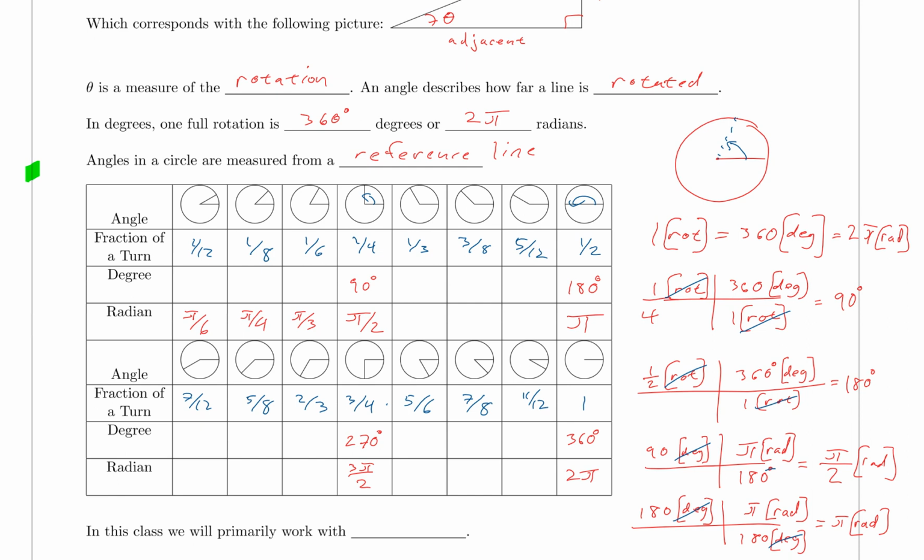All right. 1/3 rotation's a little bit more tricky, but again, we're multiplying by 2 pi, right? So 2 pi over 3. All right. Here we've got 3 pi over 4. Here we've got 5 pi over 6. And just keep going down the line.